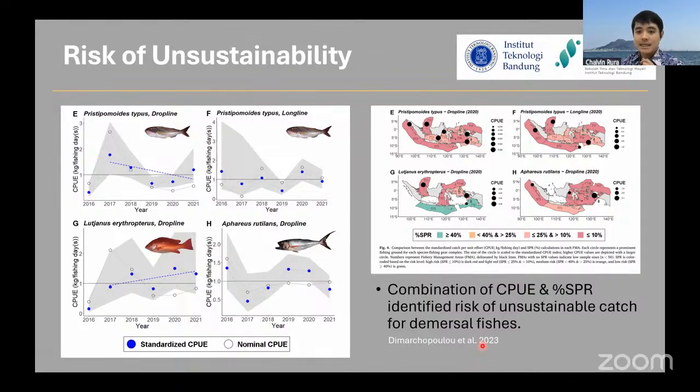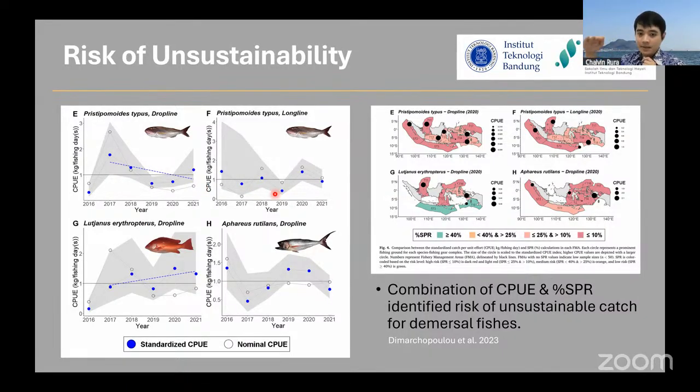So there's a study that uses previous reports for CPUE and the spawning potential rate. They use these two indices to see which areas are the most at risk. But they only look at demersal fish species. We can see on the left graph that most of them don't really have a decreasing trend.